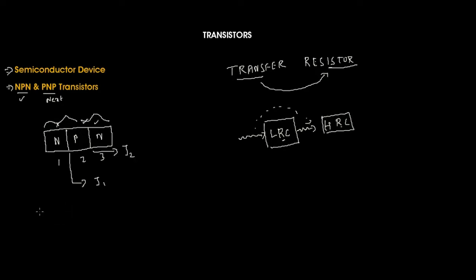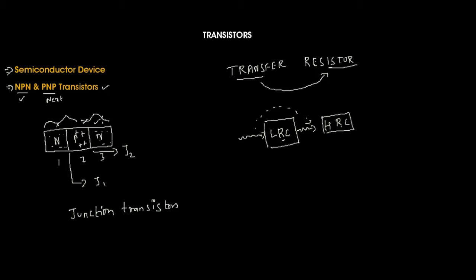So NPN and PNP transistors are nothing but junction transistors, right? Why? Because the transfer occurs across these two junctions. In both PNP and NPN transistors, you can have majority and minority charge carriers moving against the applied junction voltage, right?